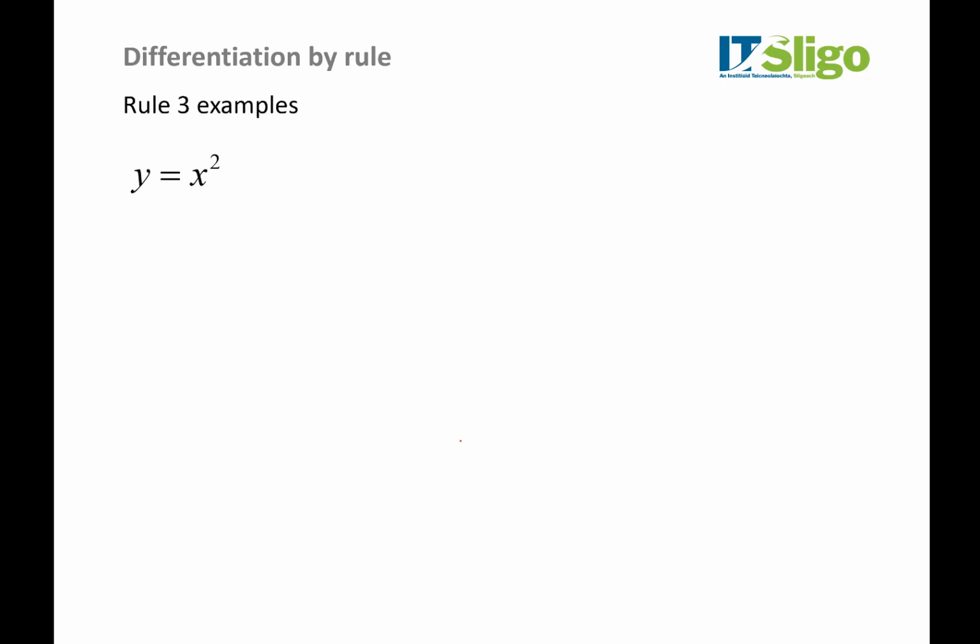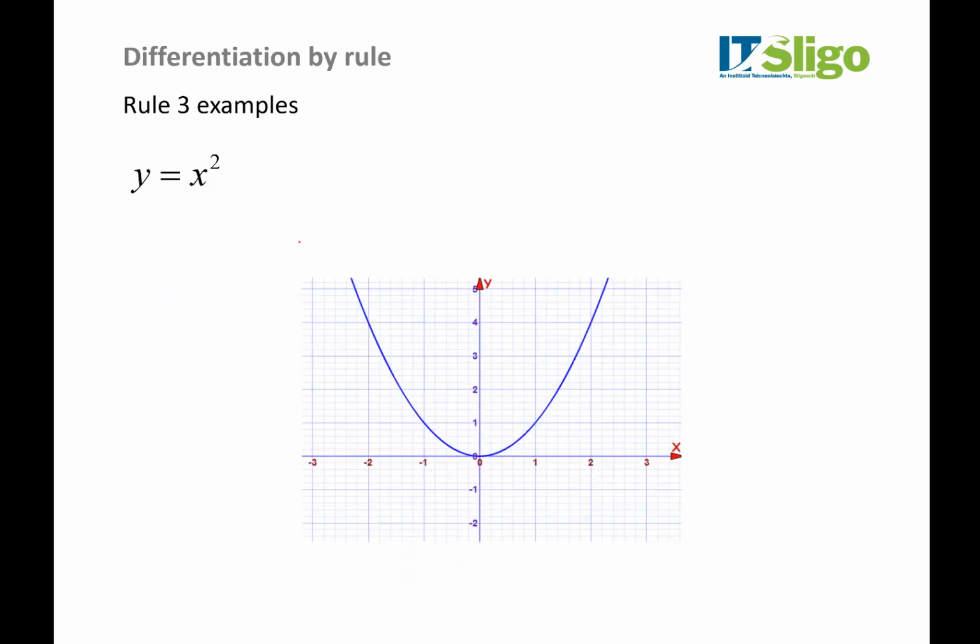Here we have y is equal to x squared, so dy dx. Bring down the power, and then add -1 to the old power, and we get 2x.